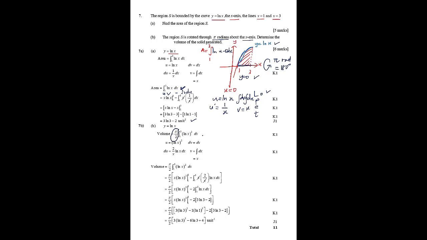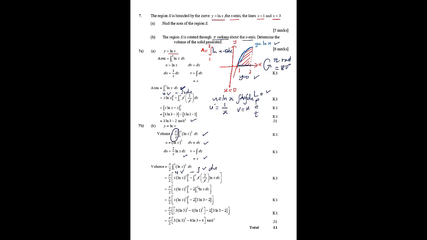So you will get the formula to find the volume with (ln x) to the power of 2. For this kind of function, you can use integration by parts. You can choose (ln x) squared as u, and dv is dx, and then you differentiate u, integrate dv, and substitute into the formula for parts, uv minus integral of v du.